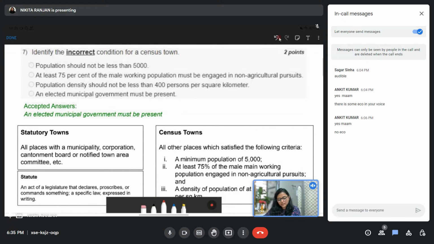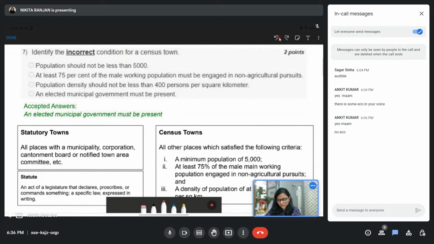If an elected municipal government is present, it would be known as a statutory town, as the town has a municipality, corporation, cantonment board, or a notified area committee, which is an elected municipal government. So that statement is true for statutory towns, not census town. Other statements, however, are true for any census town.